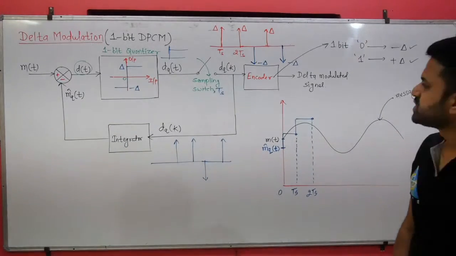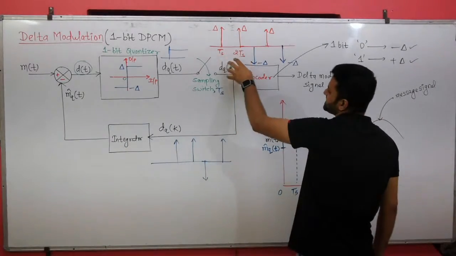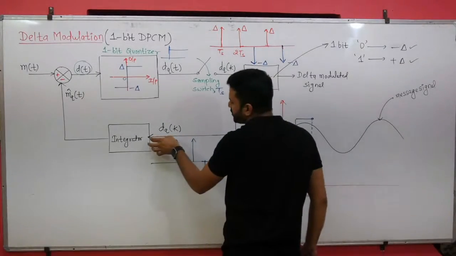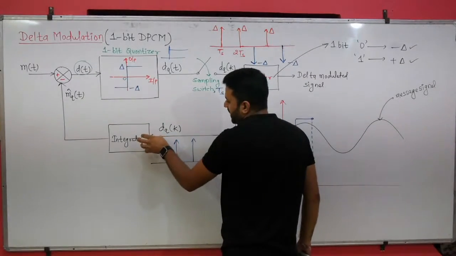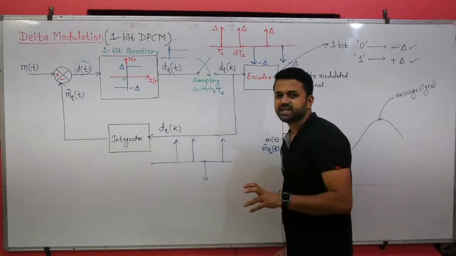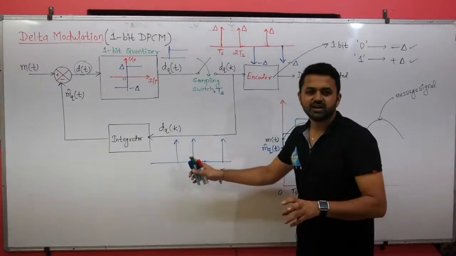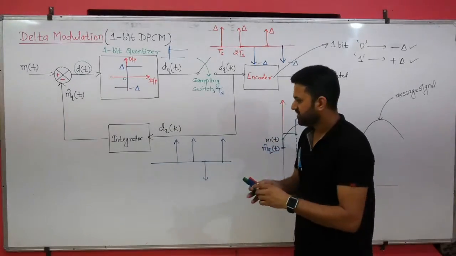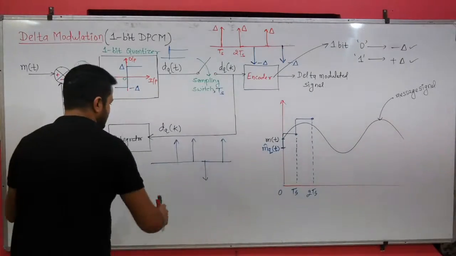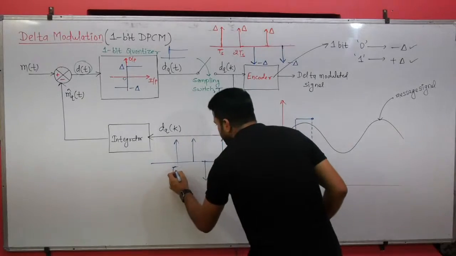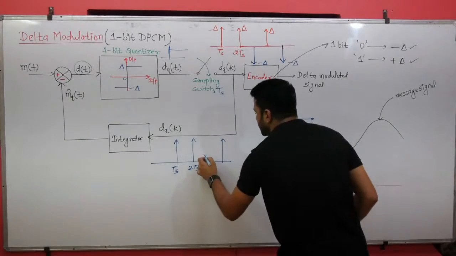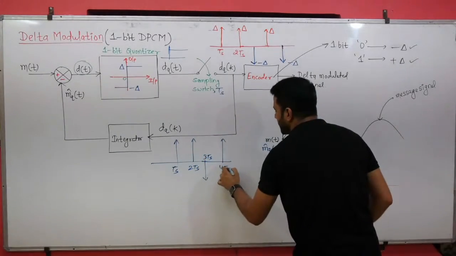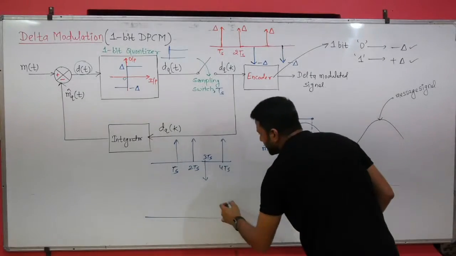So these impulses we are sending to the input of the integrator, and when we integrate, you will get a step signal of height delta. Suppose this is Ts, this is 2Ts, this is 3Ts, and this is 4Ts.